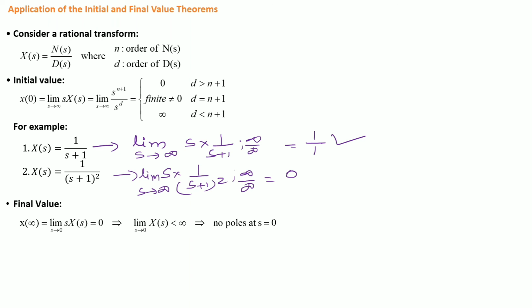So coming to the final value, x of infinity is equal to the limit as s tends to 0 of s X of s, provided X of s is less than infinity, with no poles at s equals 0. Similarly, for this function we have the limit of s divided by s plus 1, and after putting the value s equals 0, it is in the form 0 divided by 1.